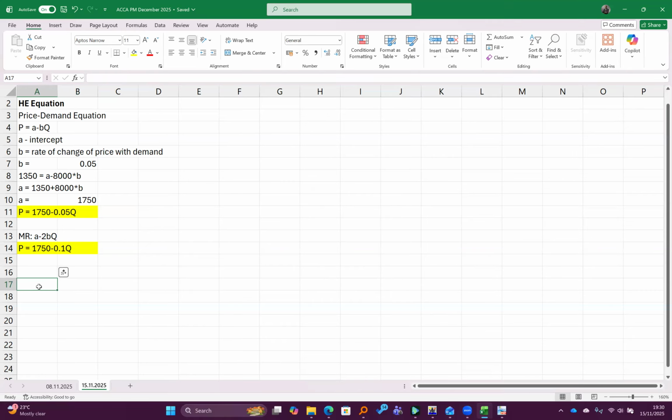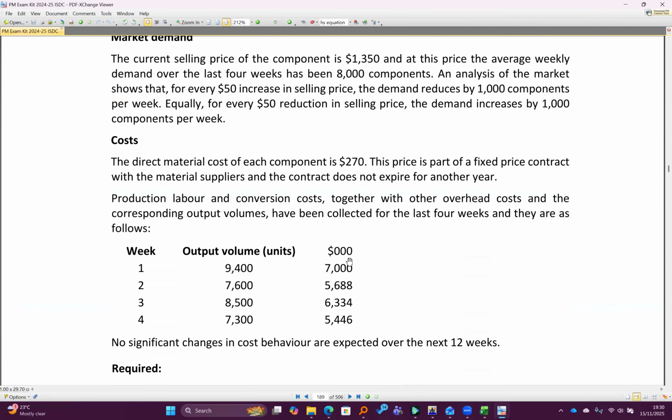So now let's go to the cost part. So now the cost part, they already told us that direct material is 270. So at least we have that. But the production, labor, and conversion costs together with other overheads have this relationship. Now, of course, in this case, one thing that can let you know whether this cost is completely variable is if you try to divide the money by the volume.